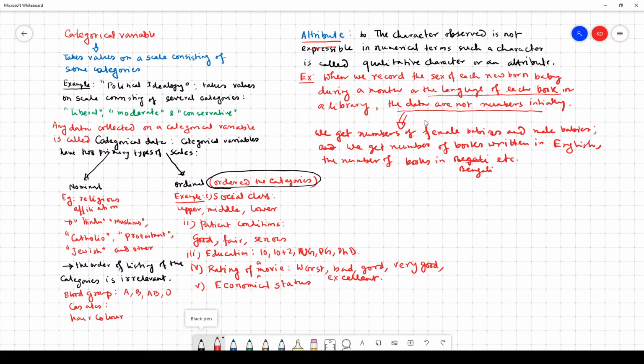We cannot represent this numerically, but after collecting this, we can find the number of books in Hindi, in English or Bengali, etc. We can represent these numerically. Okay, so this type of data is called attribute or qualitative data.